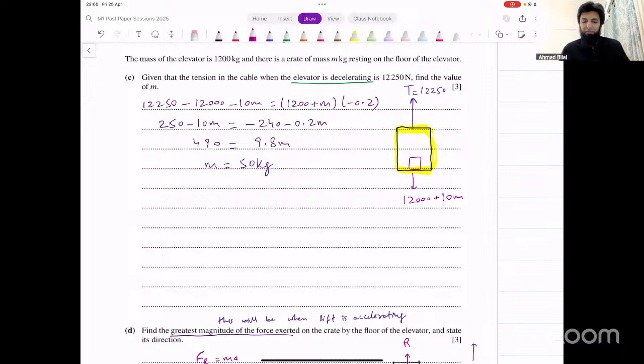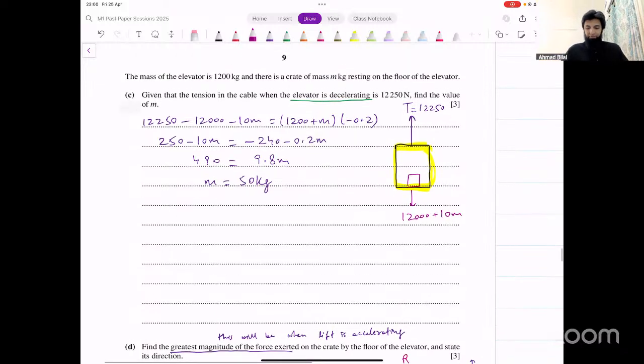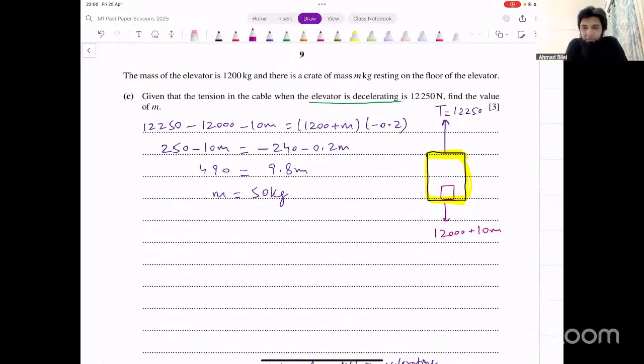So if you have a specific question, ask that question. Part C. What about part C? What's the actual confusion? Maybe you can ask verbally.